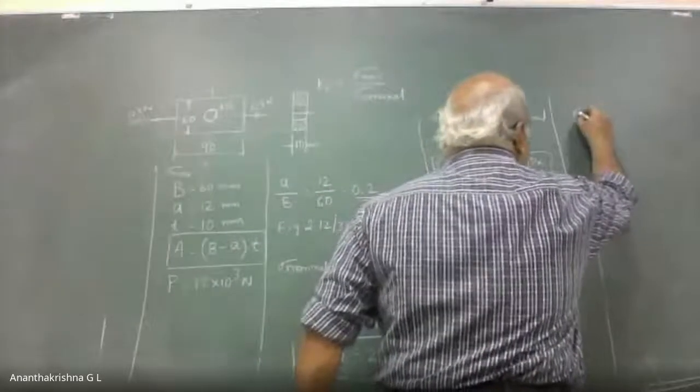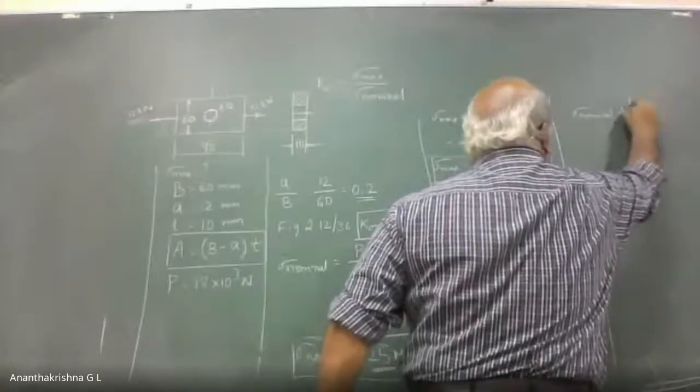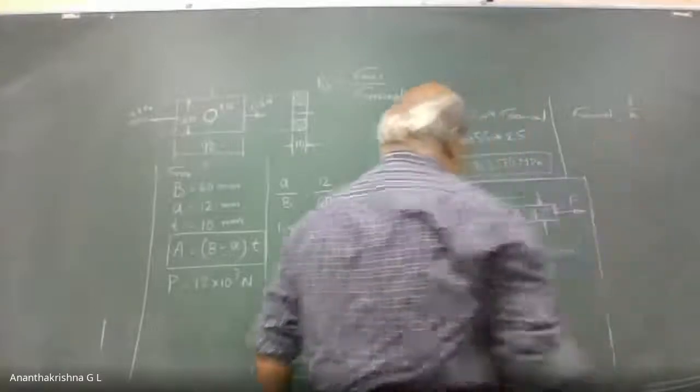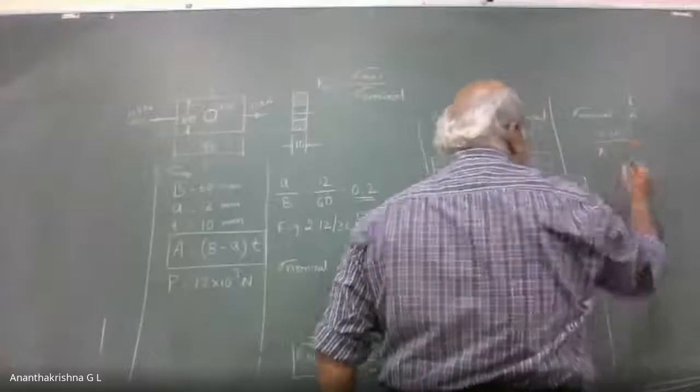So, sigma nominal is equal to F by A. What is F there? 12 kilonewtons, sir. That is 12 into 10 power 3 newton divided by pi d square by 4.